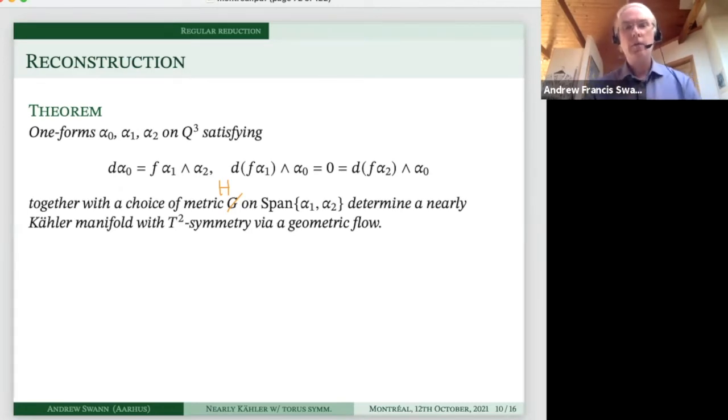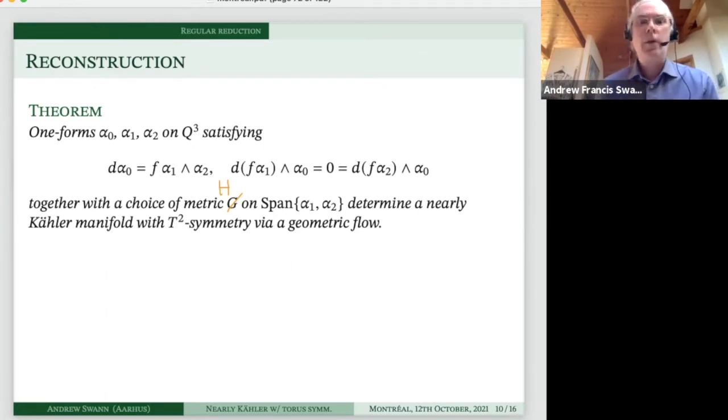So the flow corresponds to changing values of the level set of the multi-moment map you're at. You're actually flowing by something that's not the unit normal. You're flowing by something that's proportional to the unit normal with a particular factor. So this is slightly different to the standard flows that are studied on these manifolds.